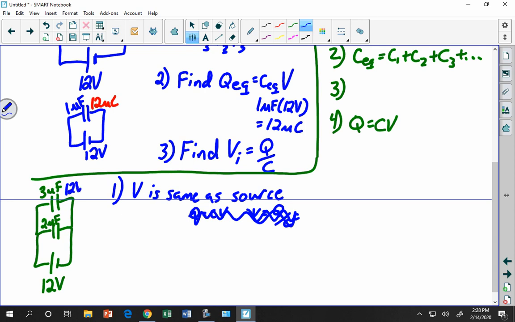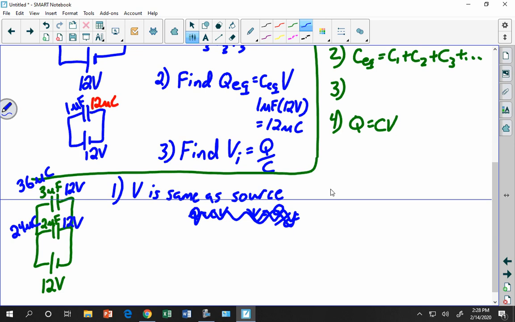Sorry, I don't know what I was thinking. And then across the 2 is 12. And now that I know the voltage and the capacitance on those capacitors, I can find the charge. Q is equal to CV, so that's going to be 3 times 12, or 36 microcoulombs. And then this is 24 microcoulombs. And so that's the charge.